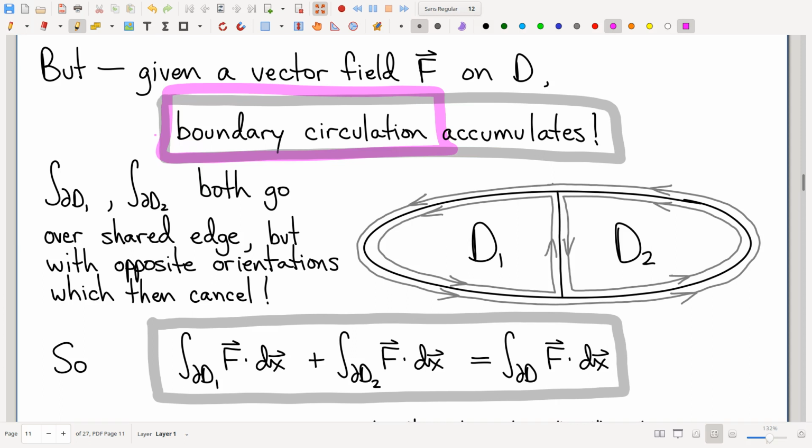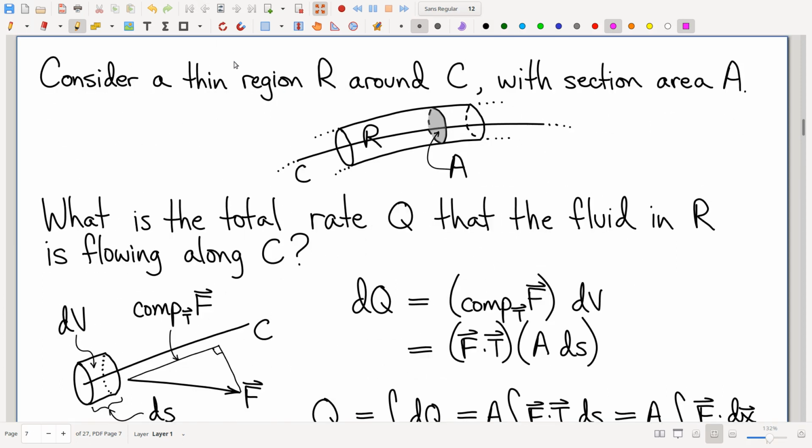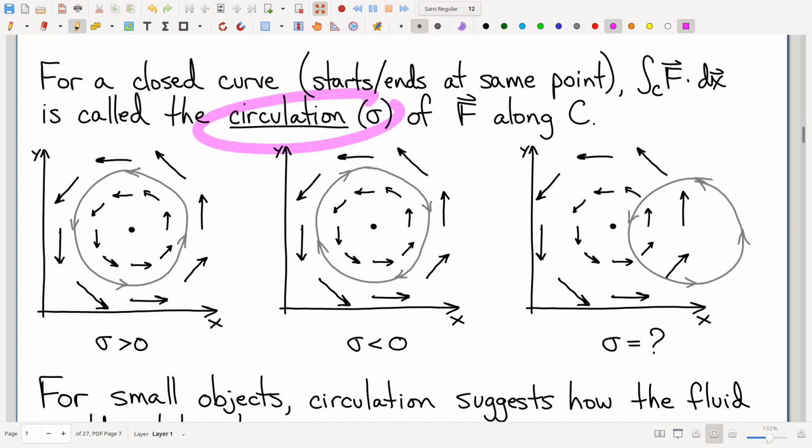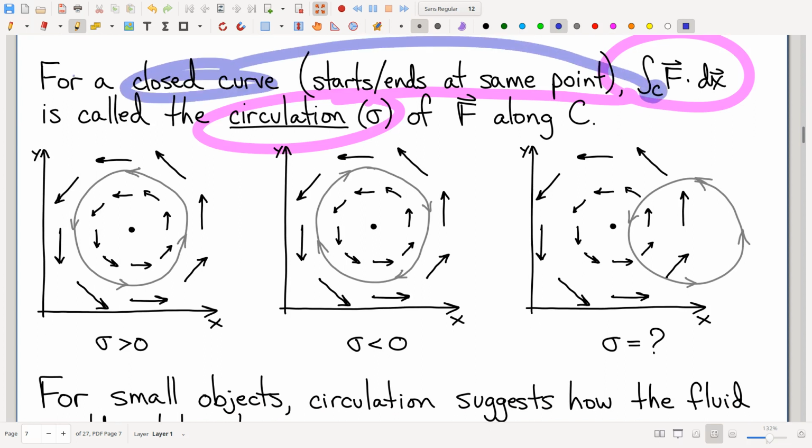Now let me remind you what boundary circulation is. Here we go. Okay. Boundary circulation is a line integral. Specifically, a line integral over a closed curve. And if you think about it, if you have a boundary, that boundary is closed. Okay. So I'm going to say boundary circulation just to emphasize that it's very important that we think of it as being something that happens on the boundary, at least in some sense.